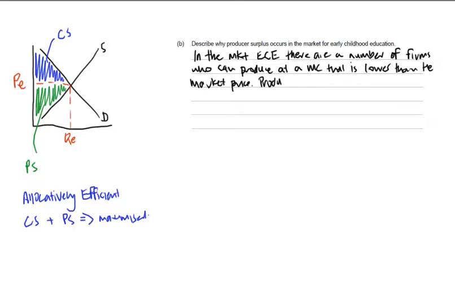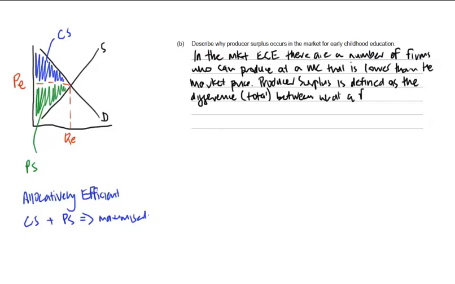Producer surplus is defined as the difference, or let's say the total difference, if you want, between what a firm is willing to supply at, what price a firm is willing to supply at, and what price they receive.